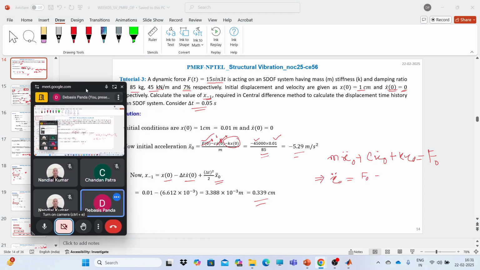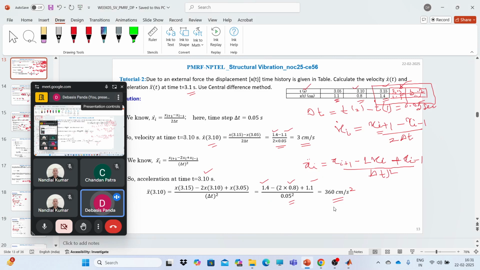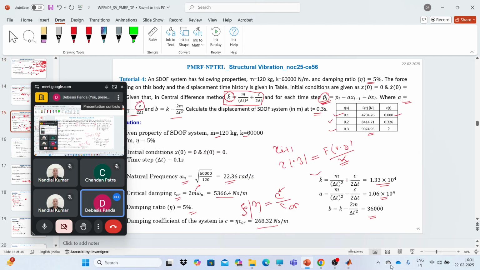So questions may be asked on the concept of beta and gamma for the Newmark-beta method.